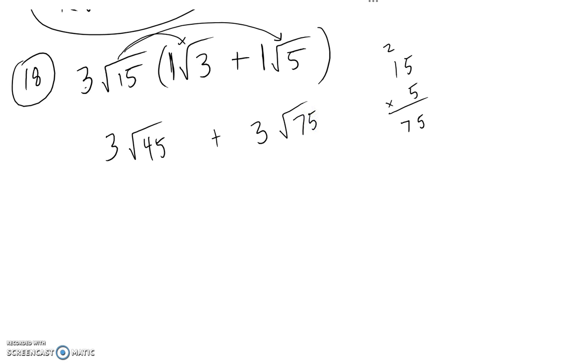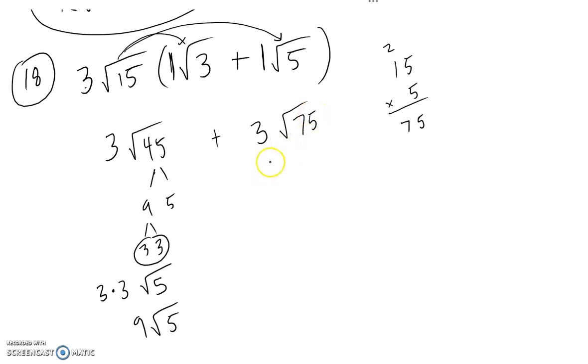This answer is not complete because those numbers are not reduced yet, so I know that this is going to be 9 times 5. 9 is 3 times 3. So I'm going to get a 3 coming out, original 3, the 3 that came out, and then the 5 that stayed on the inside. This is 9 square root of 5.